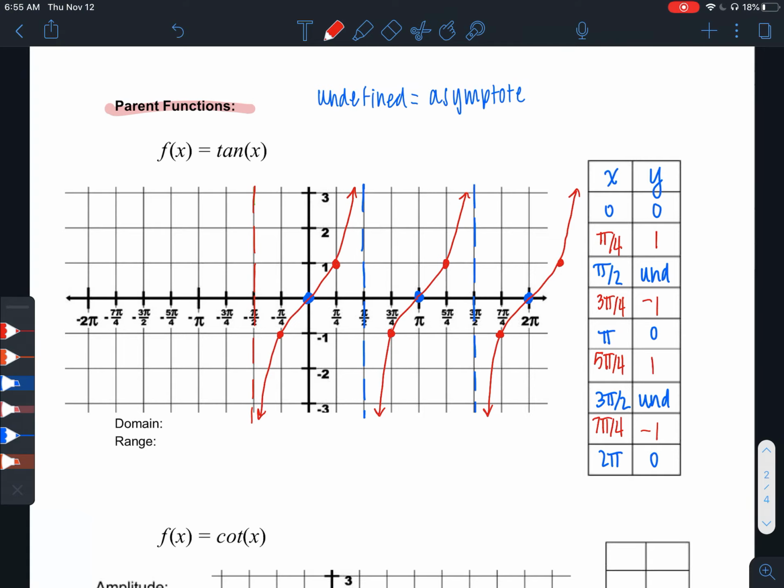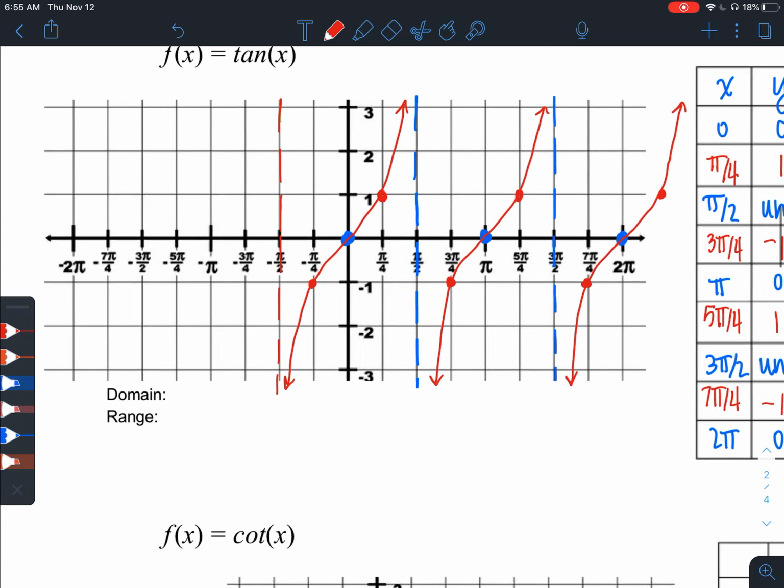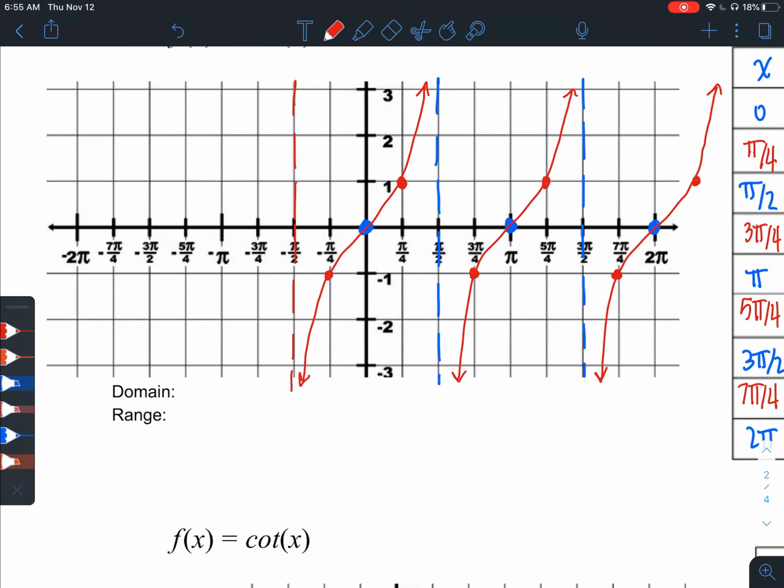Okay. So for the domain and range, the domain we'll get to in a second. The range, notice that we're starting all the way down here and we're going all the way up. And because of that, it's negative infinity to infinity. In the domain, it gets cut off at these asymptotes.